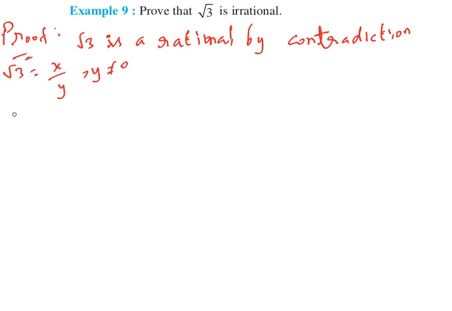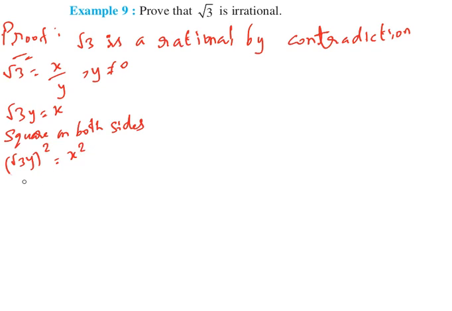This y if we bring across, what will happen? Root 3 y equal to x. Let me square on both the sides. Root 3 y whole square equal to x square. So 3y square equal to x square. So x square can be written as a product of 3. So definitely x square is divisible by 3.